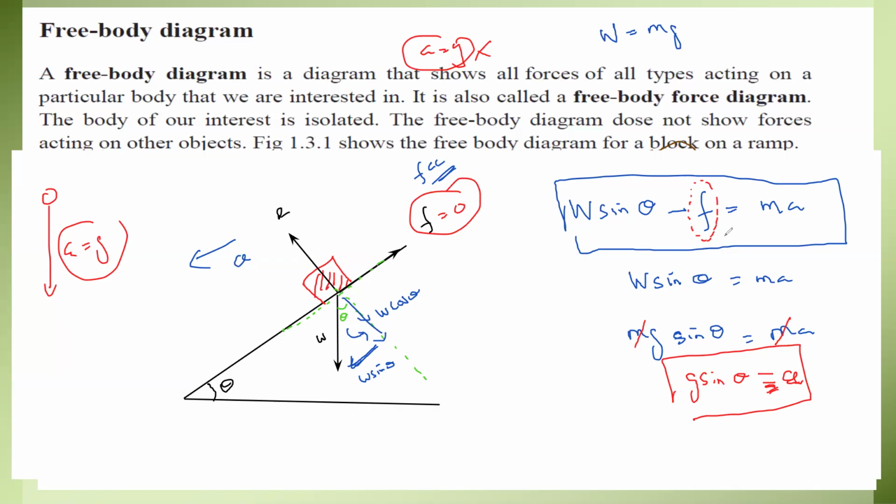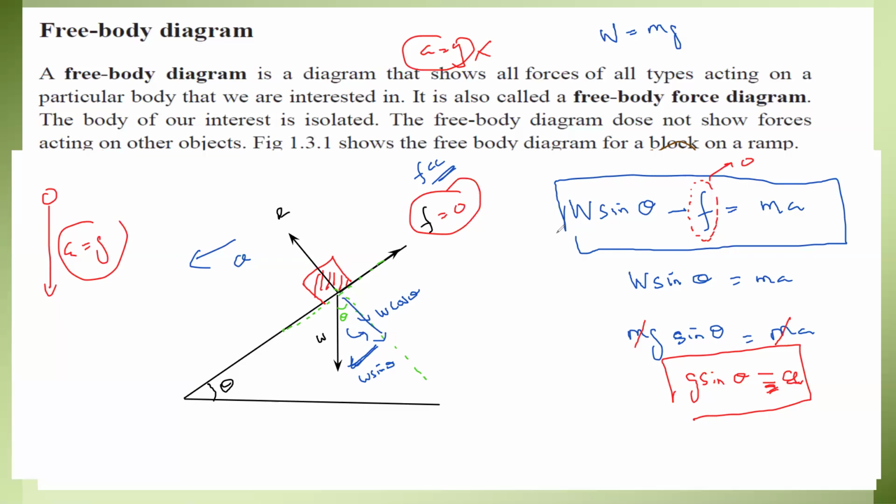In that case, we can say W sine theta is MA, and when we simplify, mg sine theta equals MA, M cancels with M, so A equals G sine theta. So on an inclined surface, without friction, if an object slides down because of its weight or the component of the weight, then acceleration is always G sine theta.